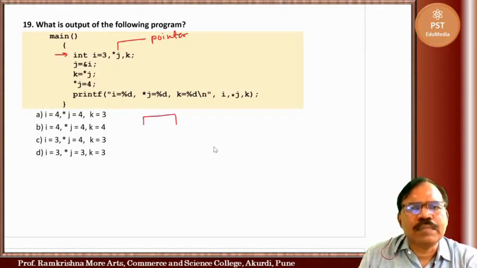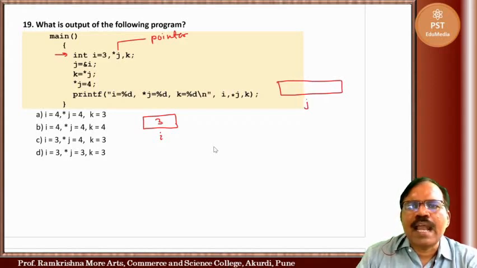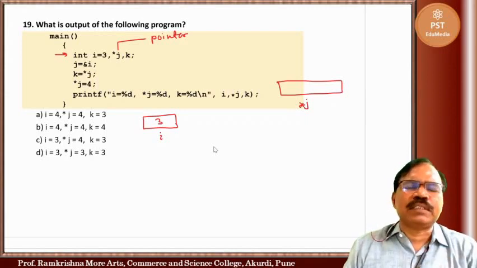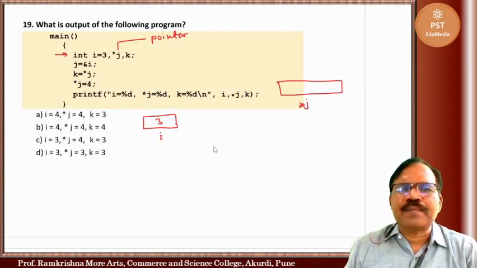So this is the memory location of i and 3 is stored. Now j is the memory location of j and we know it is a pointer, so it will store the address of something. And k is another memory location of an integer variable.